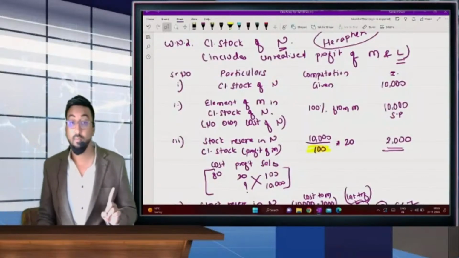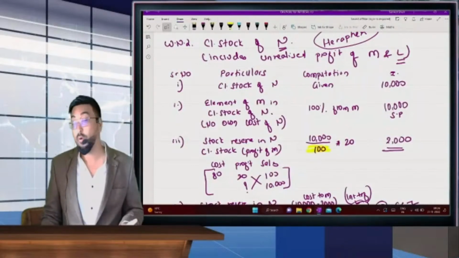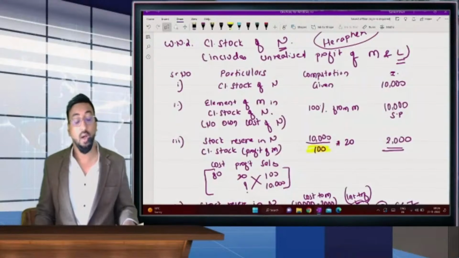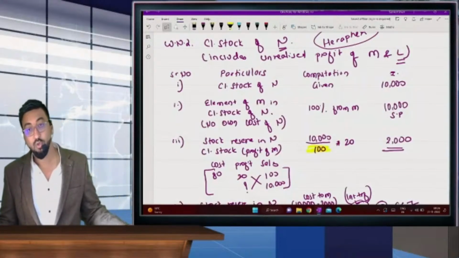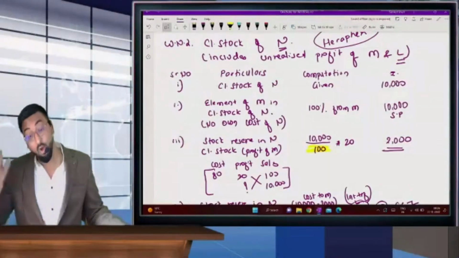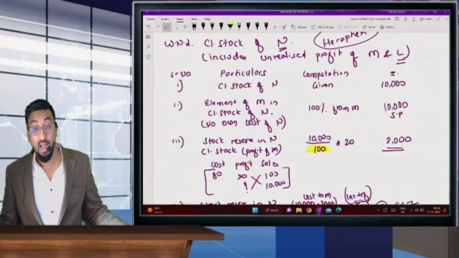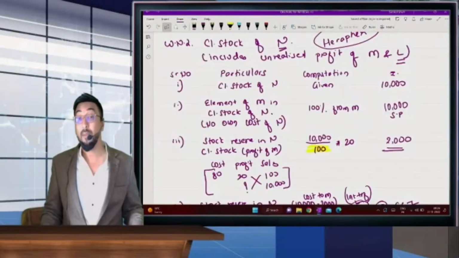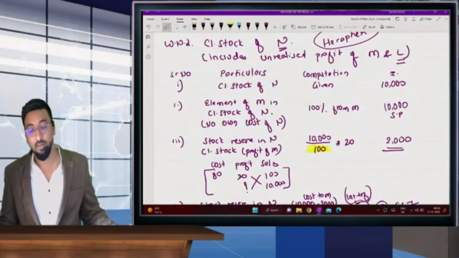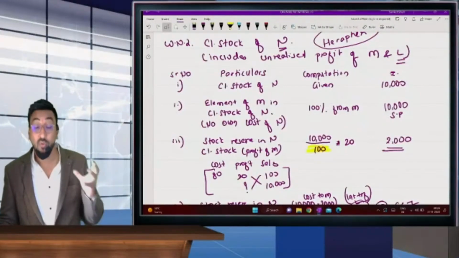But from the last 5 to 6 attempts, from 2016, it was removed from advanced to accounts. Up to 2016, students found this chapter very difficult. This chapter is really very difficult. But you have to think on this chapter.